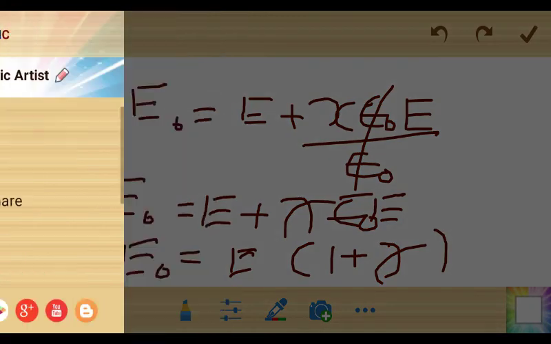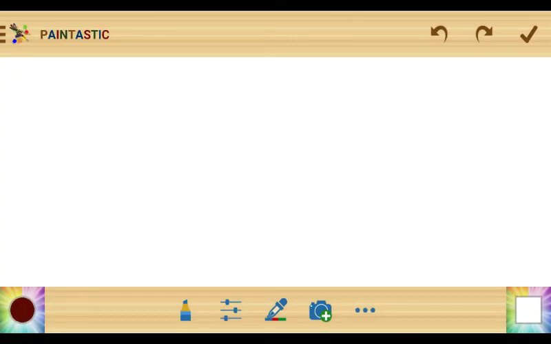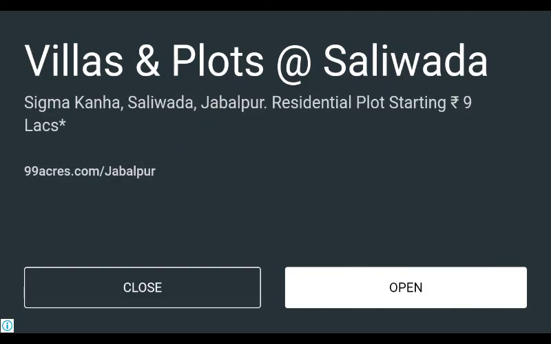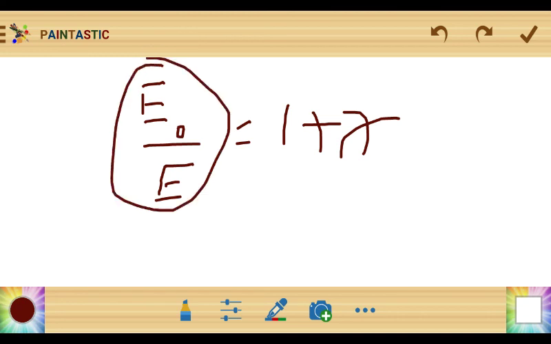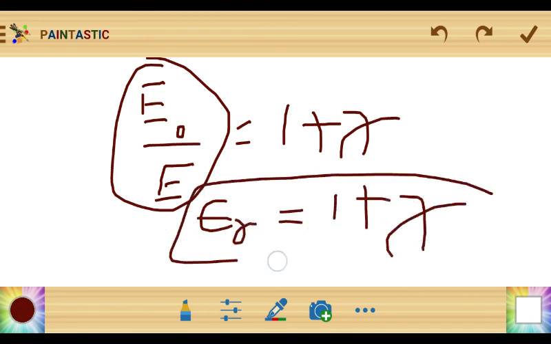On further, we take E to the other side, so it is left with 1 plus xi. This term is epsilon r, the relative permittivity, 1 plus xi. So between relative permittivity and xi, there is this relation.